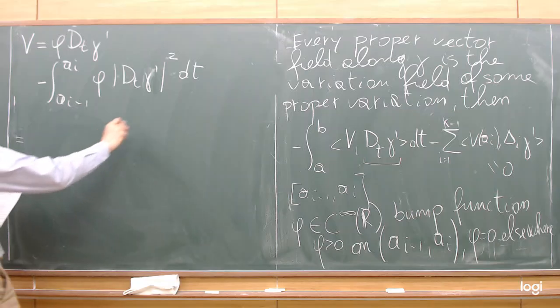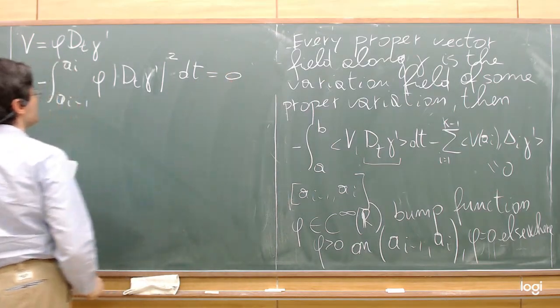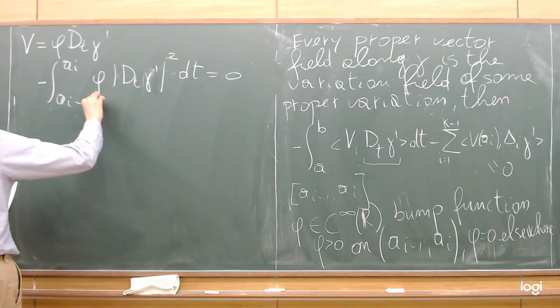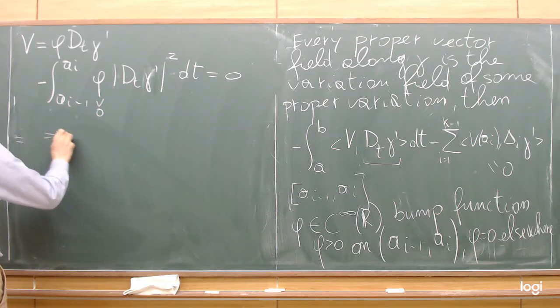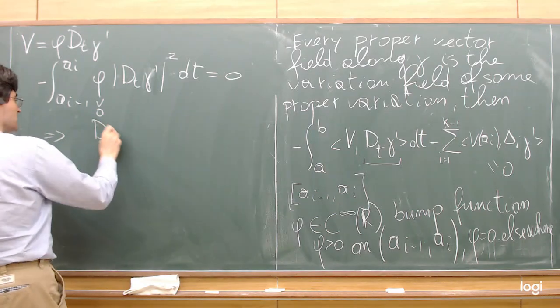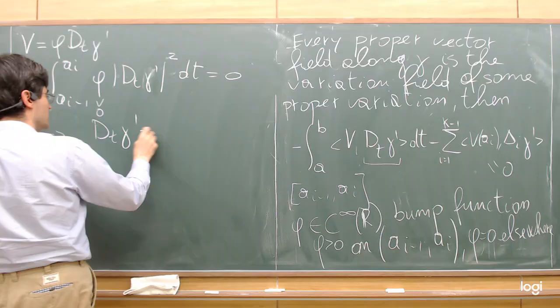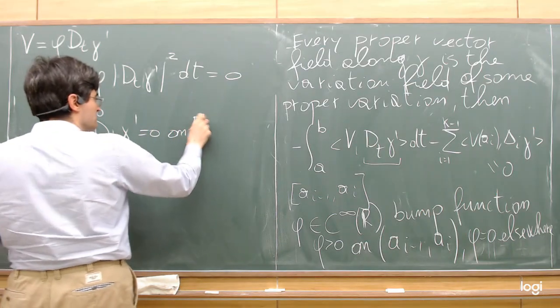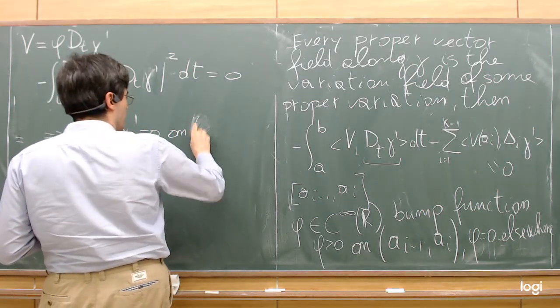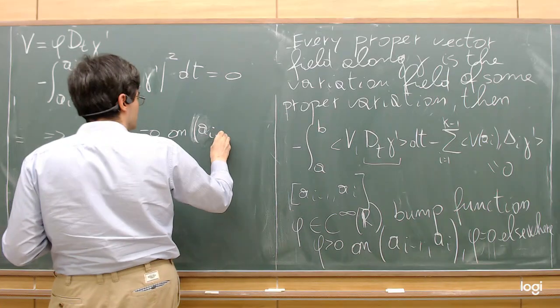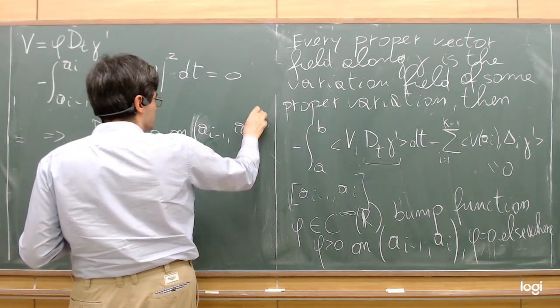Clearly, if this is 0 and this is positive, this implies D_t gamma prime equals 0 on a_{i-1}, a_i.